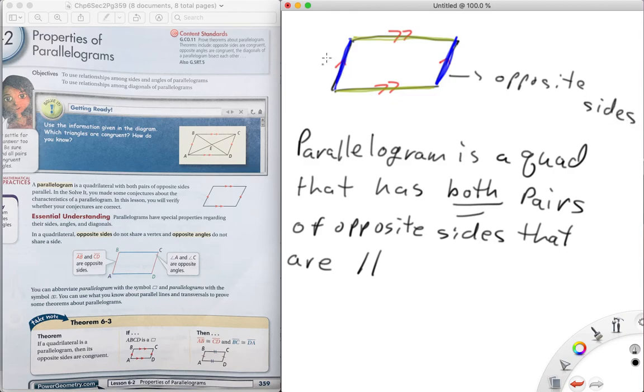We also have, let's say this is A, B, C, D. So we can say that AB and CD are opposite sides. We also have opposite angles.